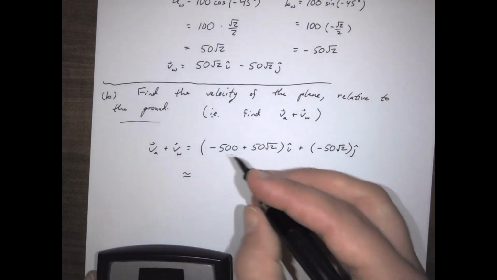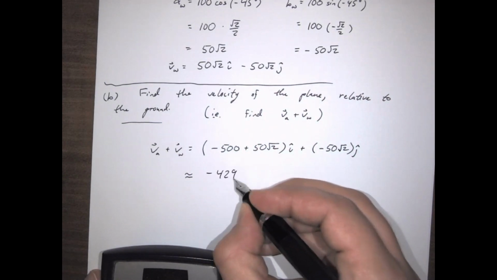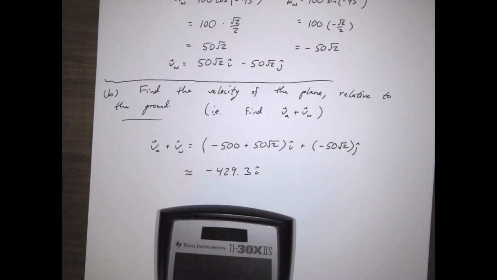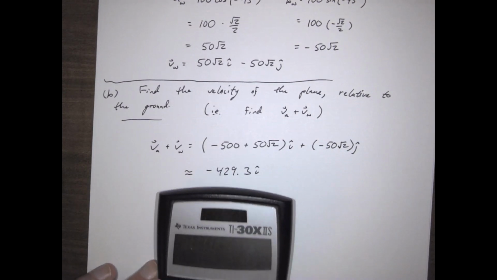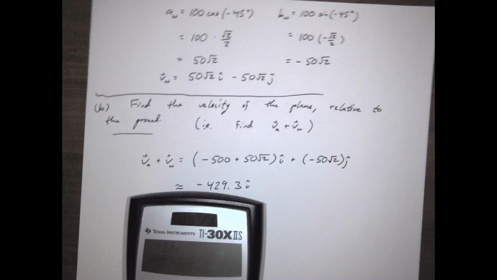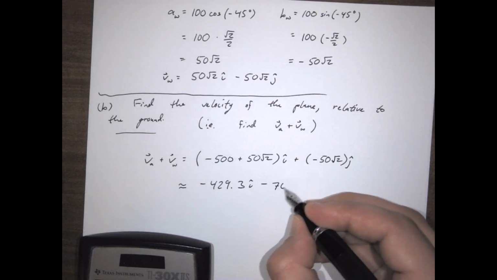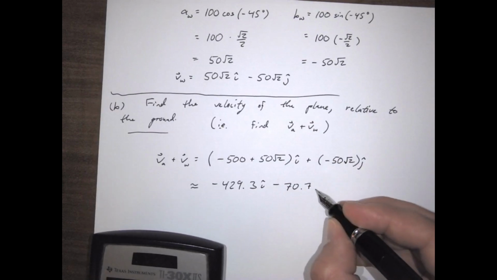So that's negative 429.3 to the i, and then negative 50 square root of 2, that's equal to negative 70.7j.